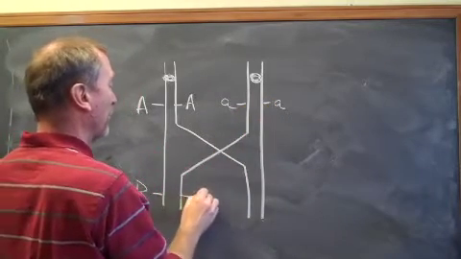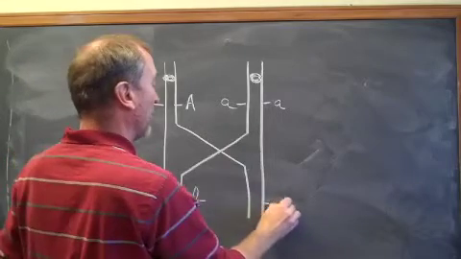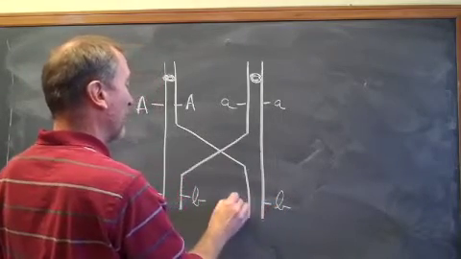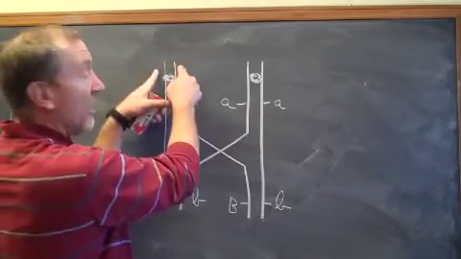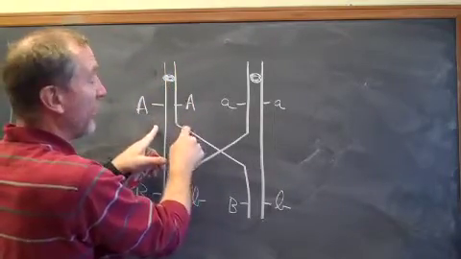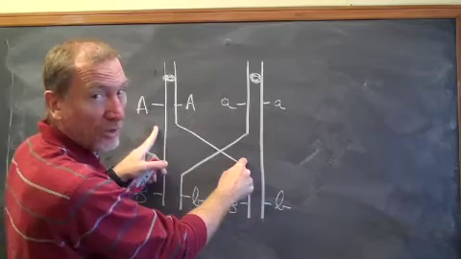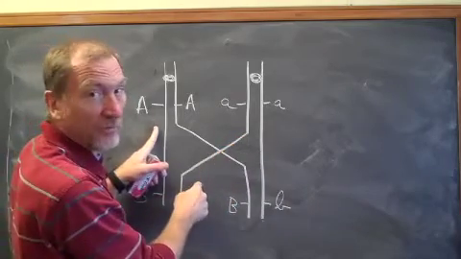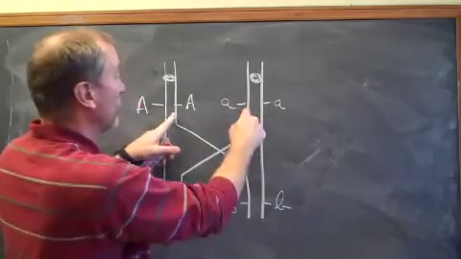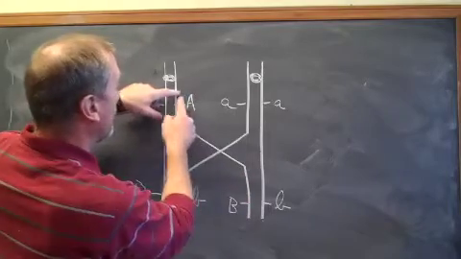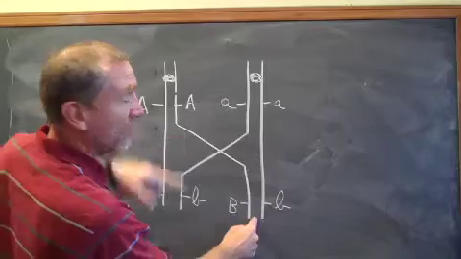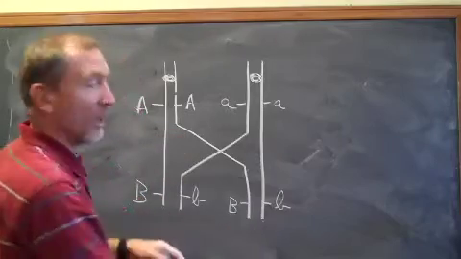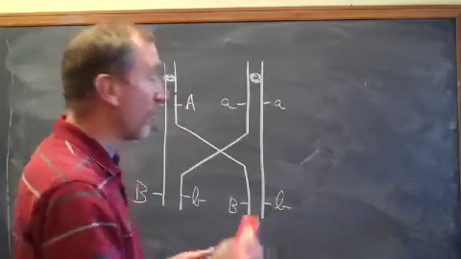Here we have little b, big B. What's happened is that this sister chromatid over here crossed over the sister chromatid from the other homolog. So they crossed. And so instead of being lined up here straight, it's now over on with the other homolog. This is a crossover event.